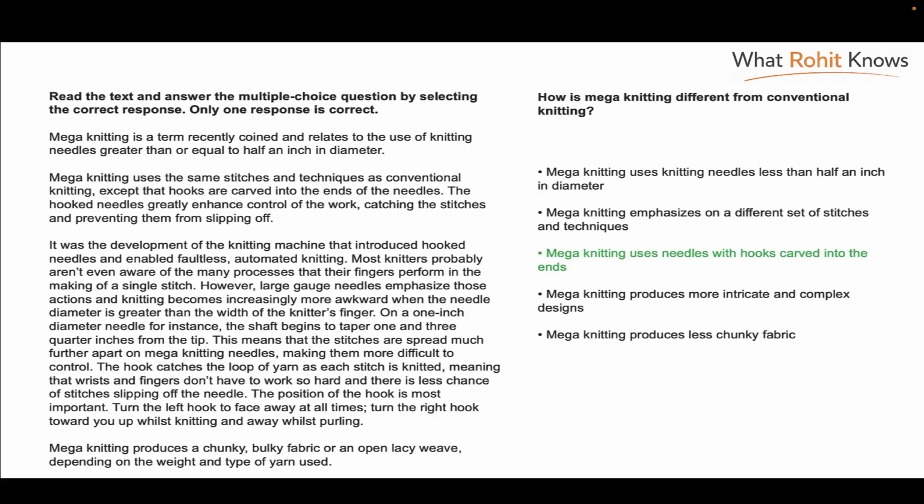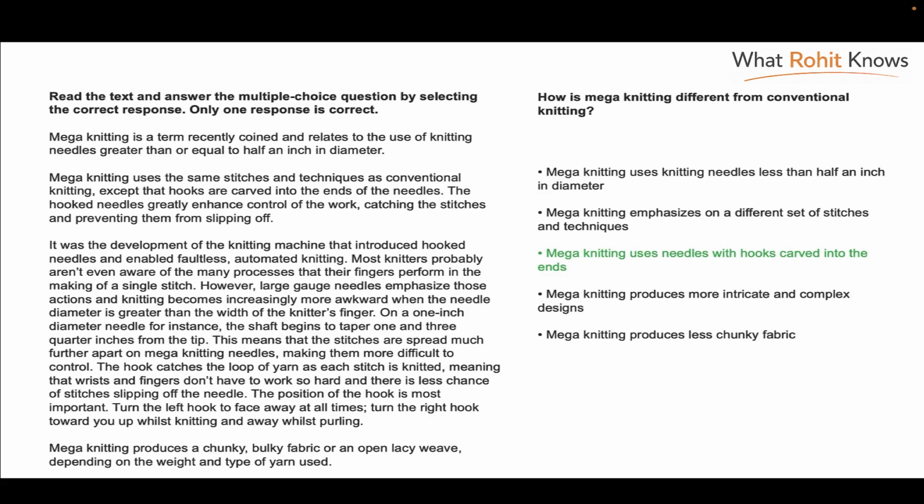So this question highlights a few interesting points. You'll find in many questions confusing options like this, which might contain some correct information, which might even seem correct as per the text, but it's not related to the question. Here, there were some statements which are correct about mega knitting, but they are not in the context of a comparison with conventional knitting.